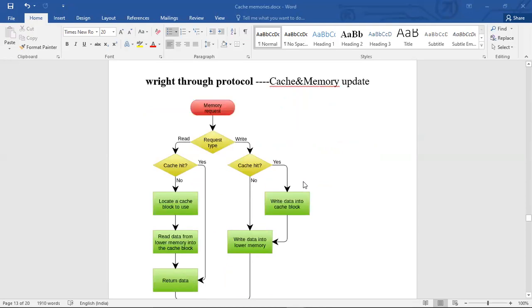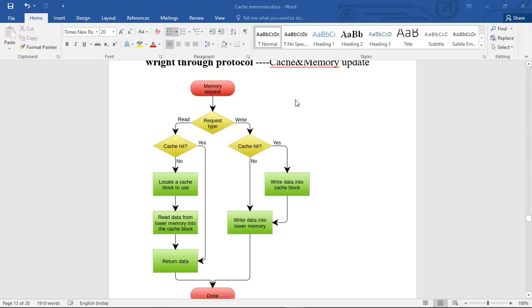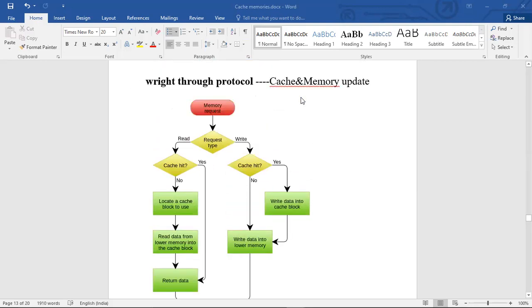So what is the write through protocol? Here you have to see this. We already know what is a miss and what is a hit. The user gives one query to the CPU, a main memory request. The request type is read or write, either one.